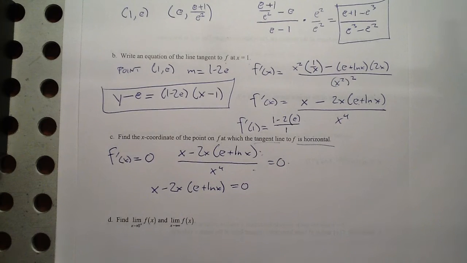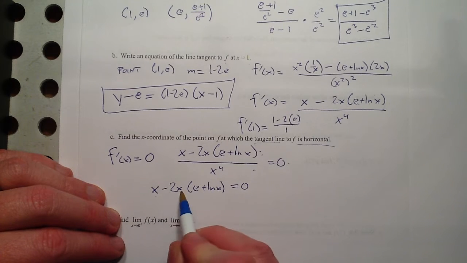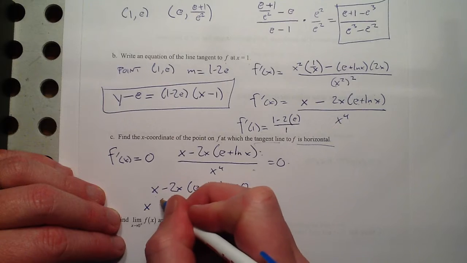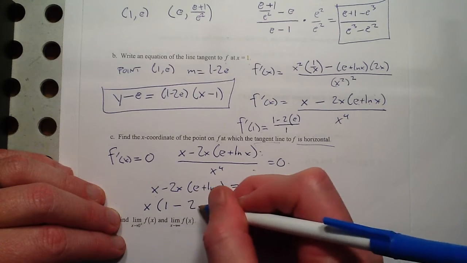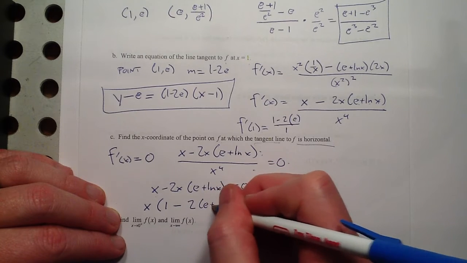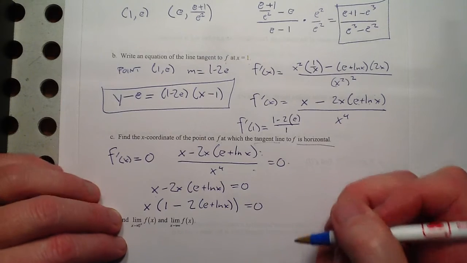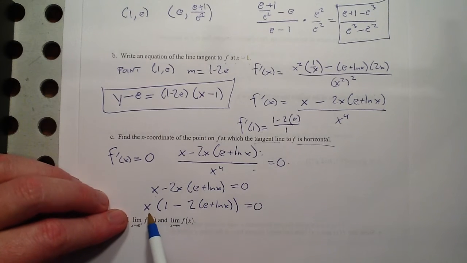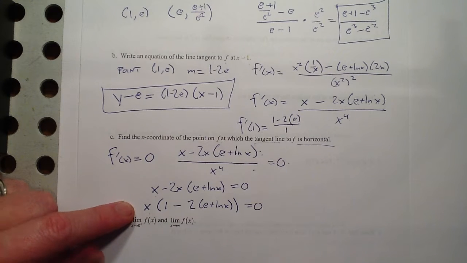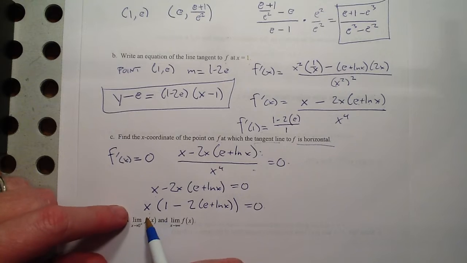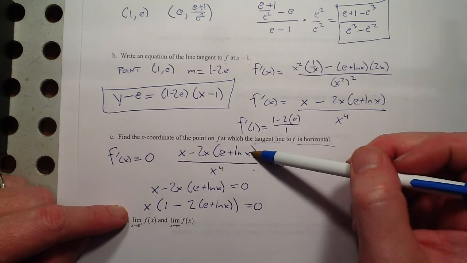Now that is a tricky little equation to solve. Let's see if we can do it. I'm going to factor an x out. That's x times 1 minus 2 times e plus natural log x equals 0. Notice that x equals 0 does give me 0 here, but that's not one of our solutions, because looking back, remember when we said only the top has to be equal to 0?